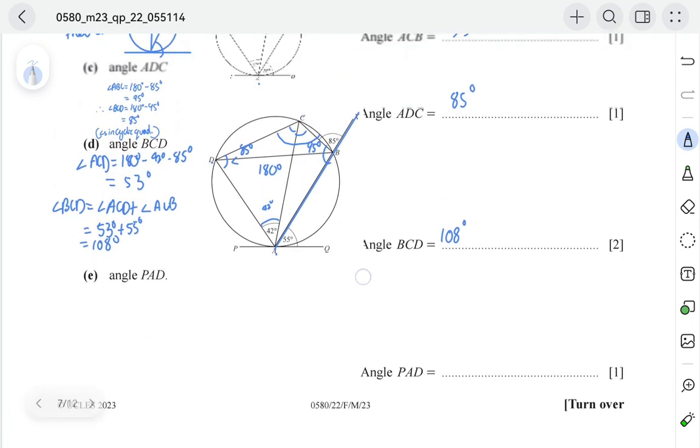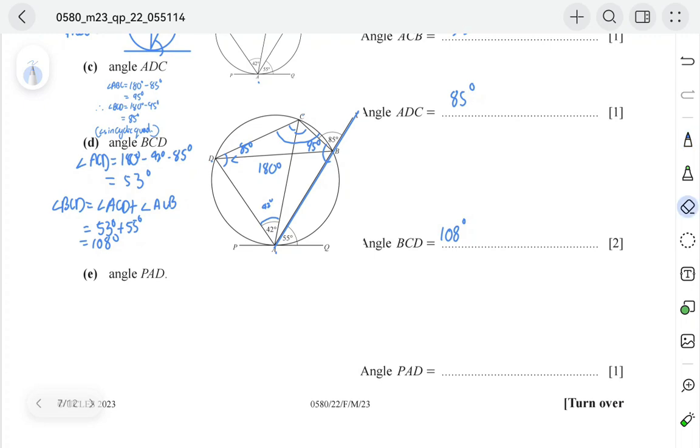Move on to the final part of this question. We have 17E, angle PAD. Let's take another image. Angle PAD. This is once again the alternate segment theorem.